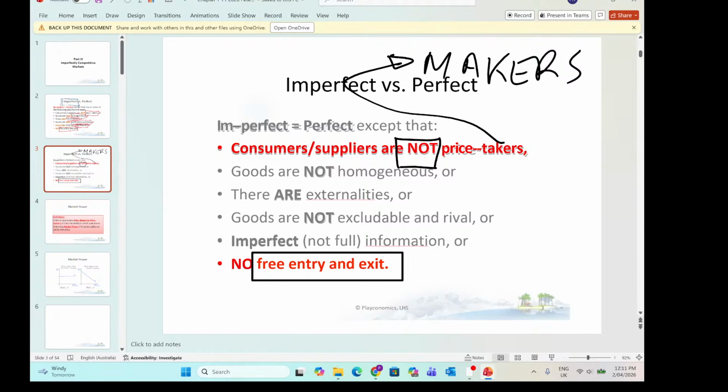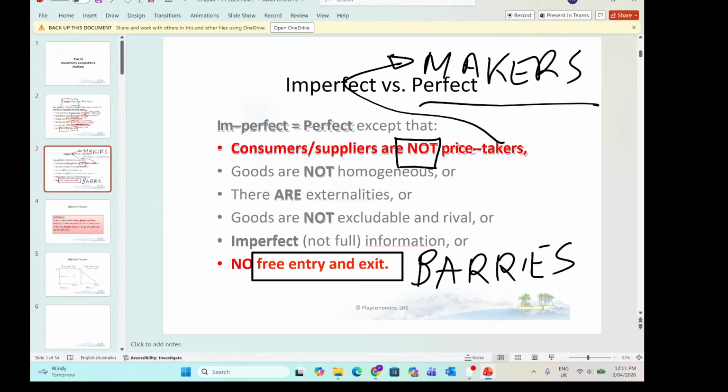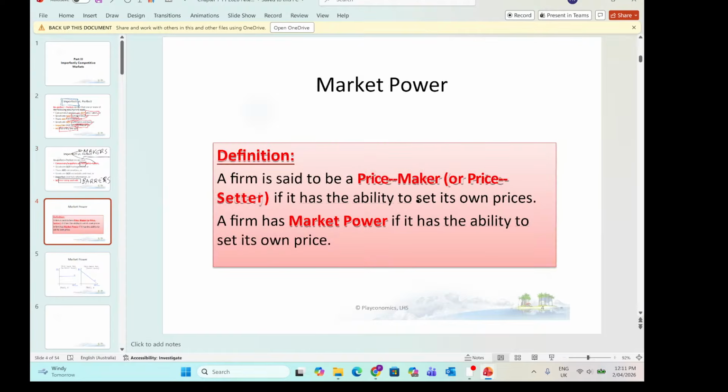So these are the two things that don't hold in monopoly, because firms are price makers and firms are not free to enter this business because there are barriers to entry. There are things that are stopping new firms from entering. So we're going to have a look in a minute about what those factors might be.